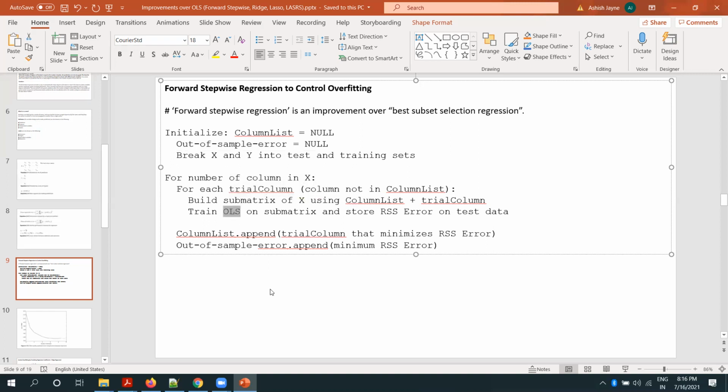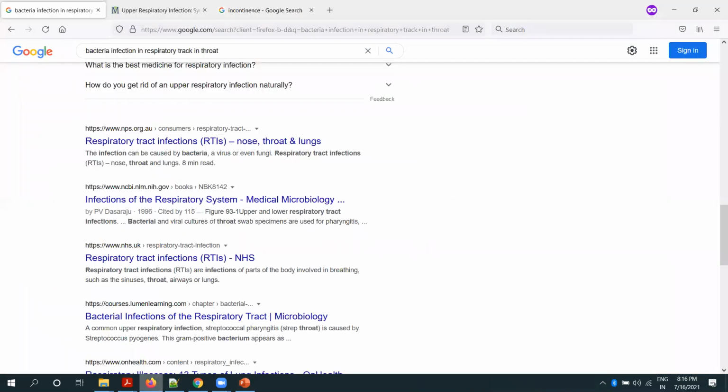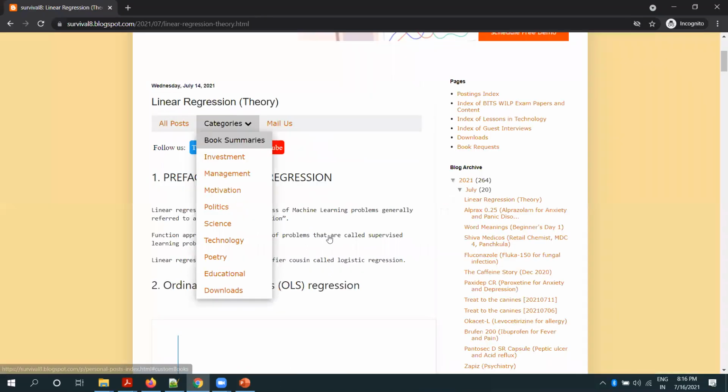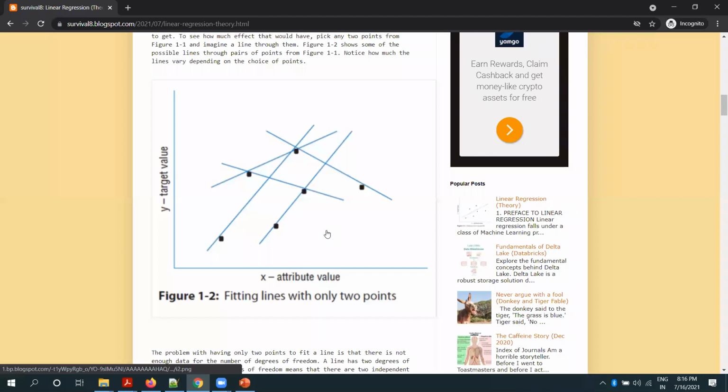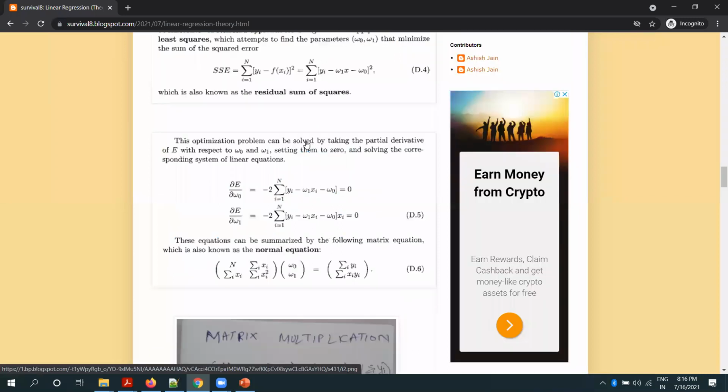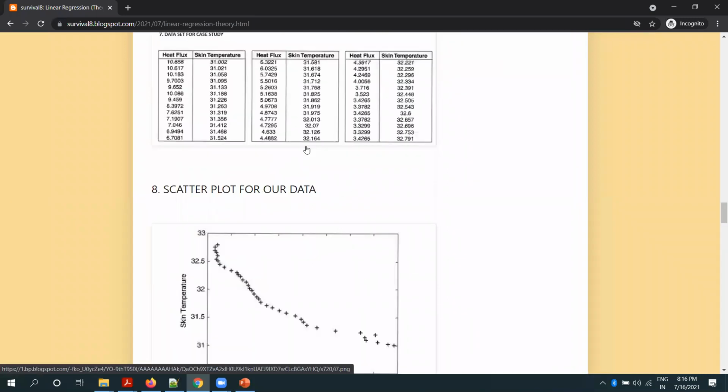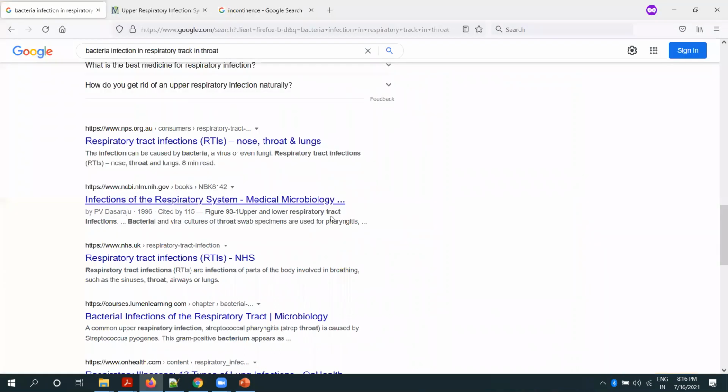OLS is the ordinary least squares regression method that we saw over here. It refers to linear regression. Here you simply have an equation like this, which we were solving. I have written it down over here as well.